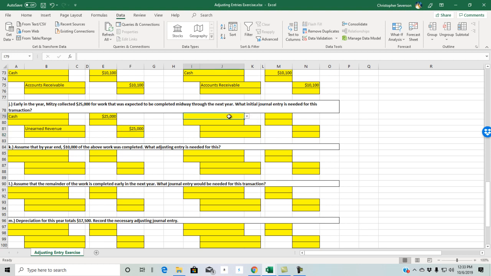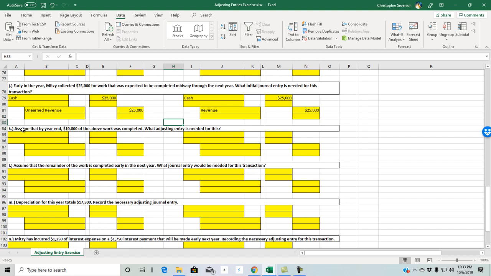Now, under the alternative method, we still collect cash, we still debit cash, but now we're basically assuming it's all revenue right off the bat, and then we'll figure out later on what portion we really haven't earned, and we'll back it out.